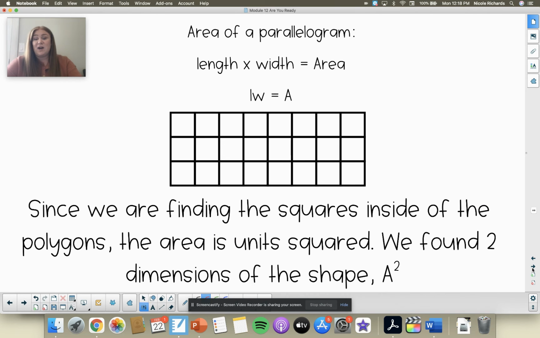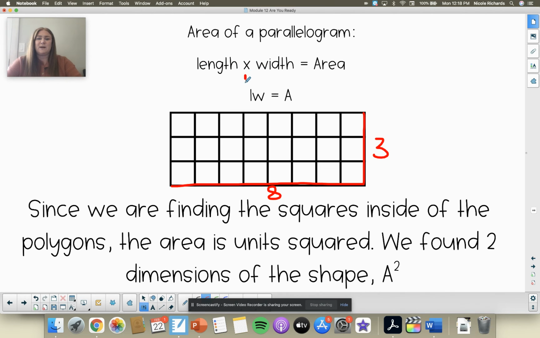When we find the area of this parallelogram, we take the length, how many units the length is, and we separate it into that many sections. So this has 1, 2, 3, 4, 5, 6, 7, 8 units across. And we separate it into how many units the width is, which is 3, and length times width.